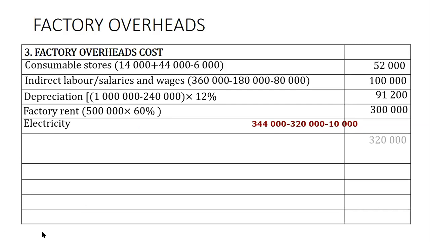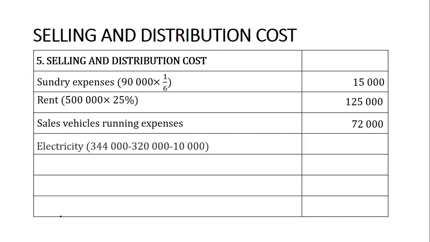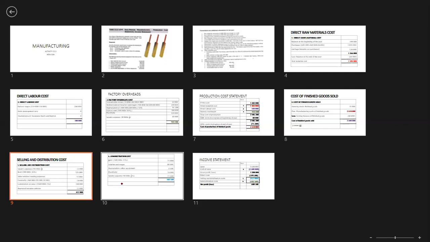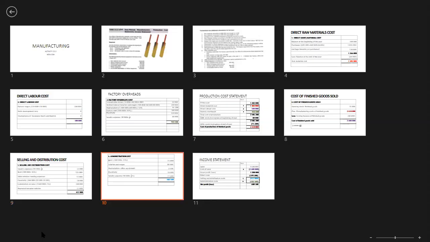Then I will go to selling and distribution. Electricity, you said it's 14. And the last one will be administration, and that will be 10,000 rand. We're still good. Yes.